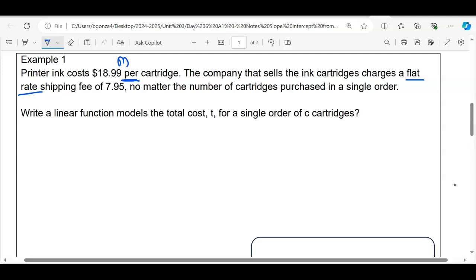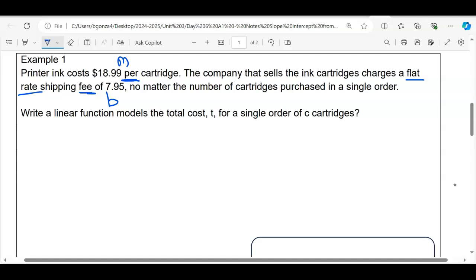It's just a flat one-time fee. So everybody, flat rate is the opposite of like a subscription. Subscriptions happen every month, right? But a flat rate happens one time, and that's $7.95. So if it's a flat fee, those are both key words. That means it happens once. That's my y-intercept, B value. It's not changing. It's one time.